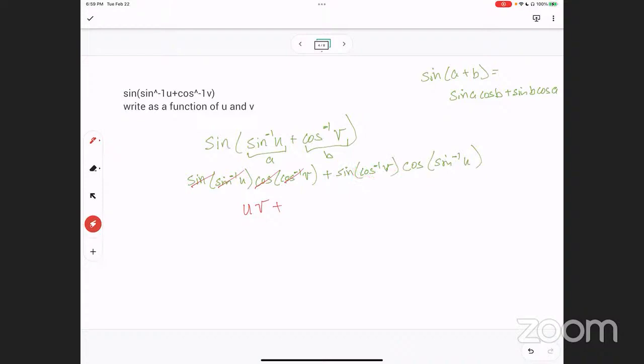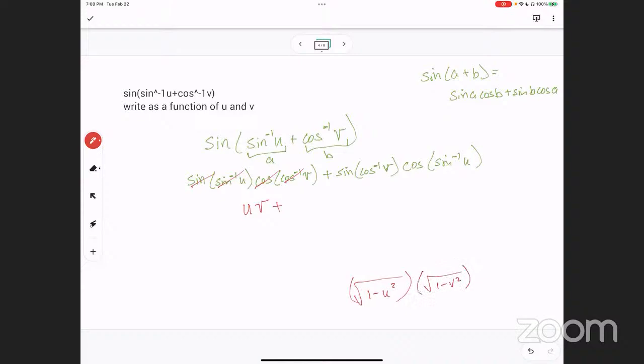So I think the answer is u times v plus the square root of 1 minus u squared times the square root of 1 minus v squared. What did you say? Square root of what? Square root of 1 minus u squared times square root of 1 minus v squared. Oh, okay.